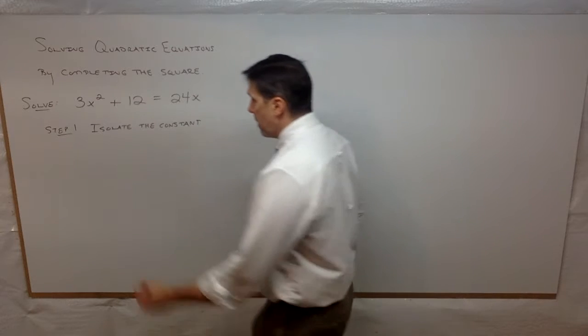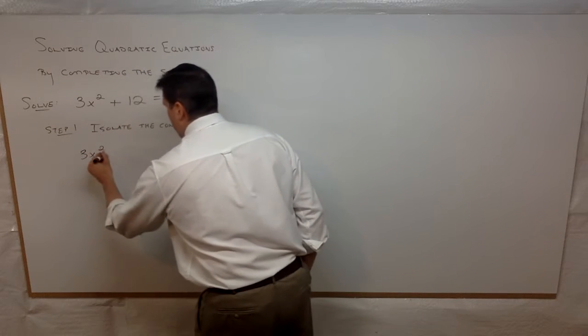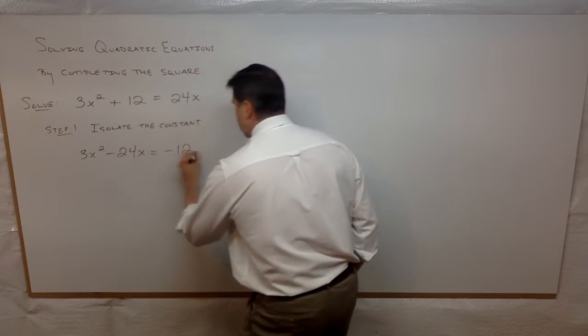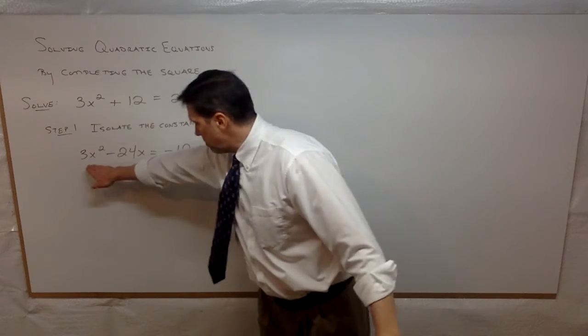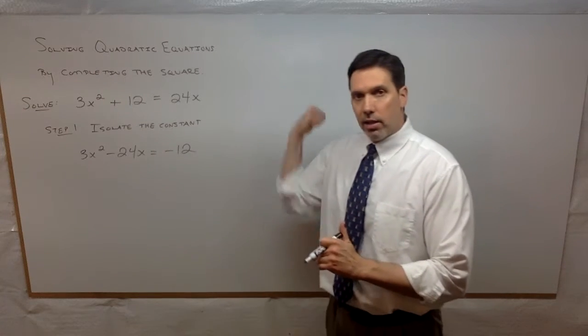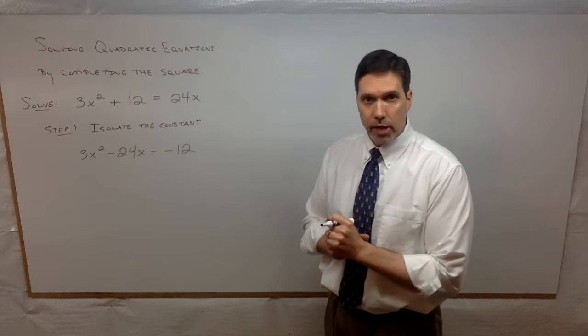So my first step, I would write this as 3x to the second minus 24x equals negative 12. And that's quadratic term, linear term, with the constant isolated on the other side of the equation. It's simple enough. Just move it to the other side.